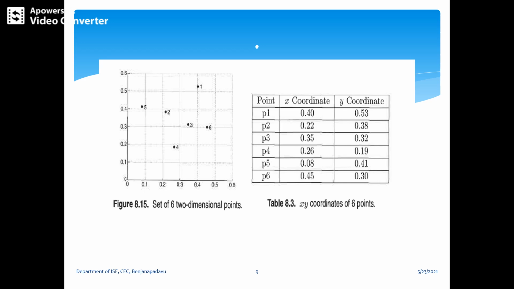Similarly, P5 is 0.08 and 0.41, and P6 is 0.45 and 0.30.